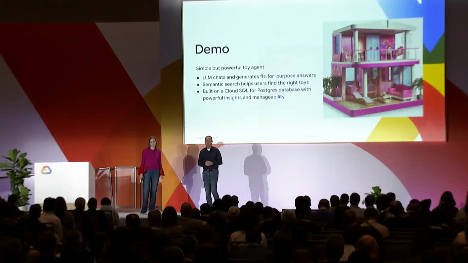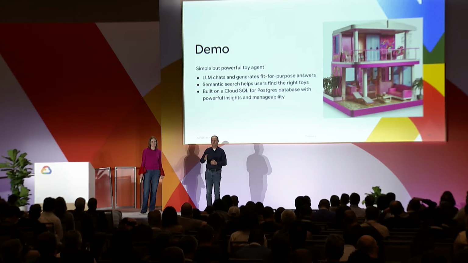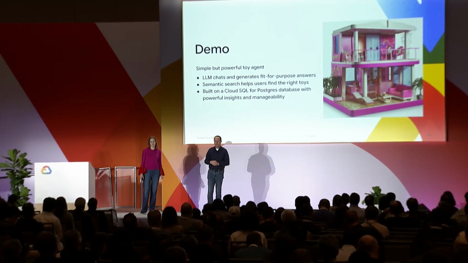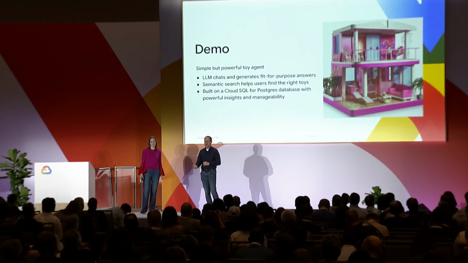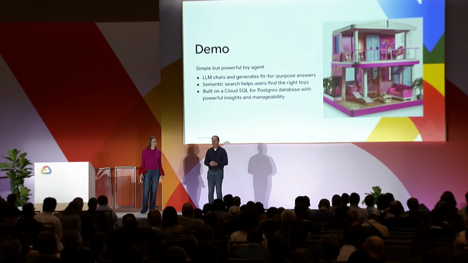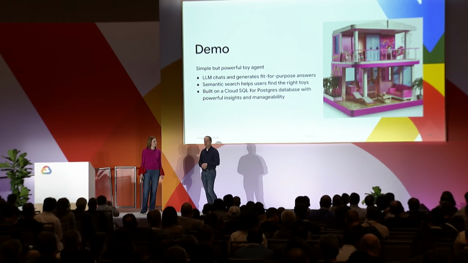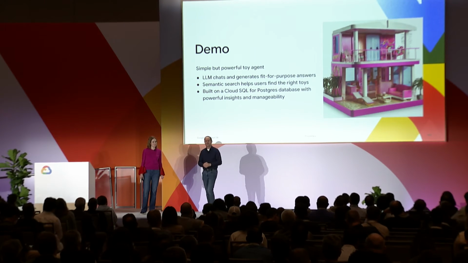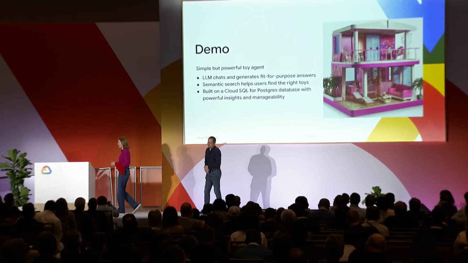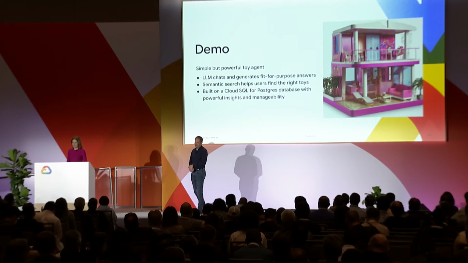Everything is based on storing the vectors in our Postgres database and also using the data in our Postgres database, like the toy inventory, the toys that we have for sale, in order to ground the result and give us back an answer. We want to try it live. We also want to get your ideas. So in a few minutes, if you want to suggest a prompt to us, we can just type it in and see what happens. It's completely live. Okay, let's get started with the demo here.